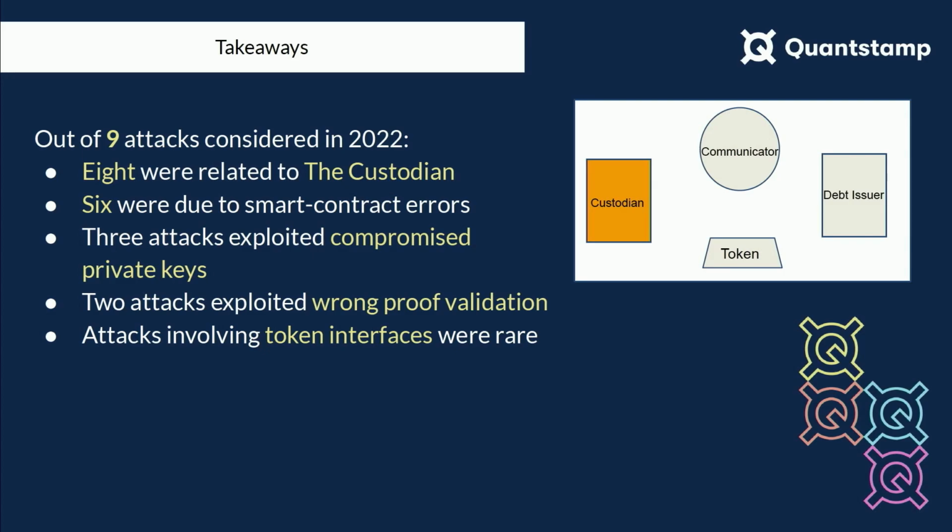Of course, it will be very tempting for an attacker to try to find ways to access that honeypot. 6 of the attacks were related to smart contract errors, which is also not too surprising. But at the same time, what was interesting is that 3 attacks exploited compromised private keys.